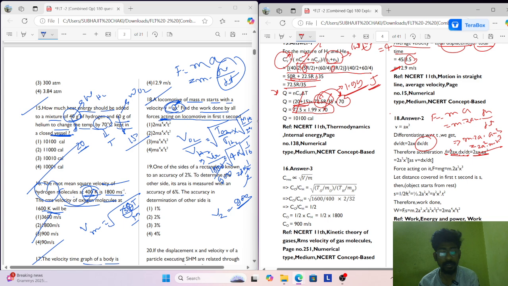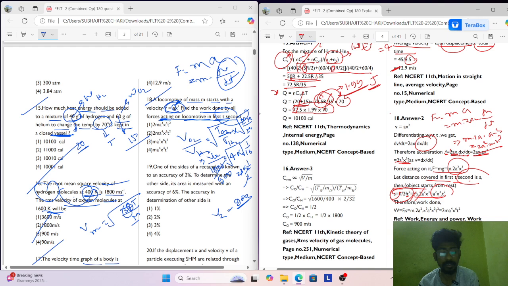In the first t seconds, you have to calculate. For the first t seconds, the displacement formula is half g t squared. So from this, the half and the 2 will cancel out. This g means a, the acceleration, which you already know. Now we have to calculate the work done. Work done equals F into s.